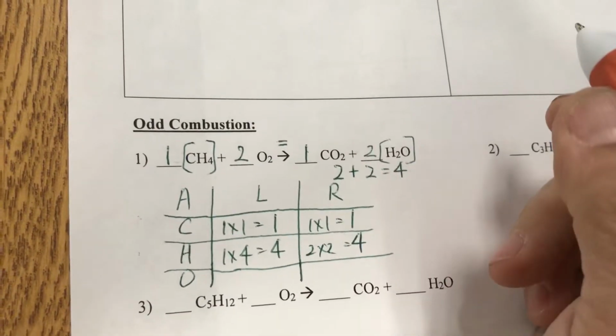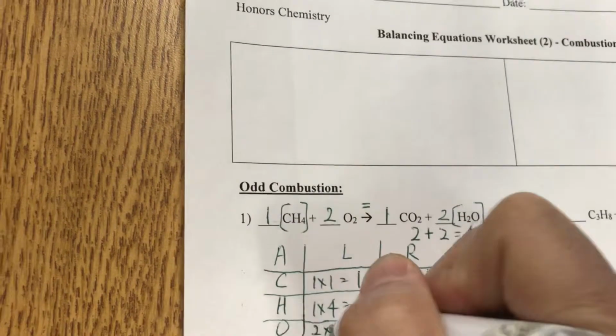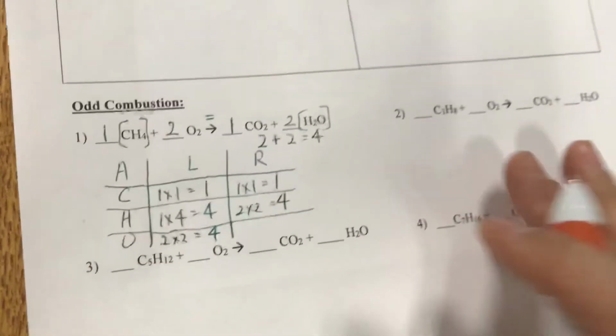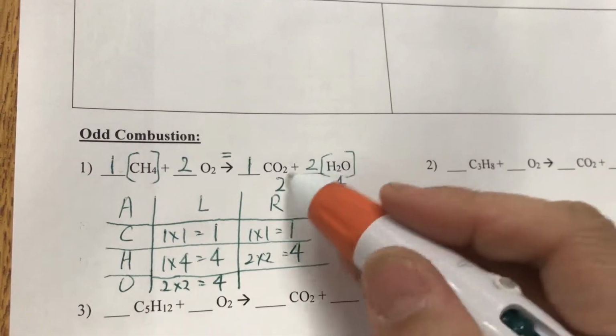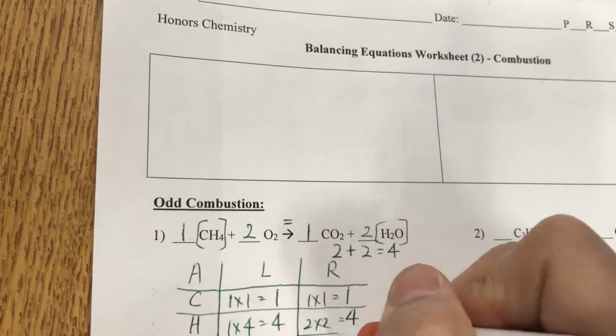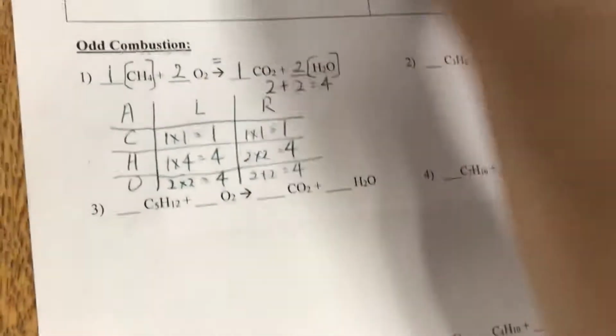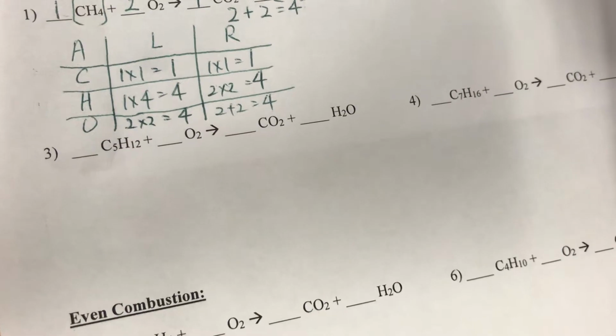And then oxygen is 2 times 2 equals 4. On the right-hand side, I already assume that you did this math correctly, so you can basically just copy this over: 2 times 2 equals 4. So I'm going to circle that.